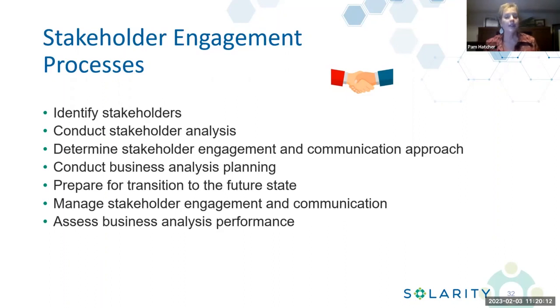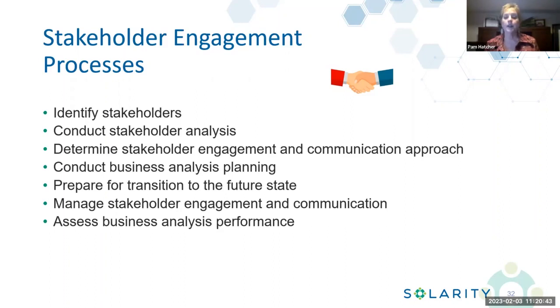First, identifying individuals, groups, or organizations that may impact or be impacted, or perceive themselves to be impacted, by an area under assessment is how you identify stakeholders. Then researching and analyzing quantitative and qualitative stakeholder information. Determining appropriate methods to effectively engage and communicate with those stakeholders throughout the whole product life cycle.